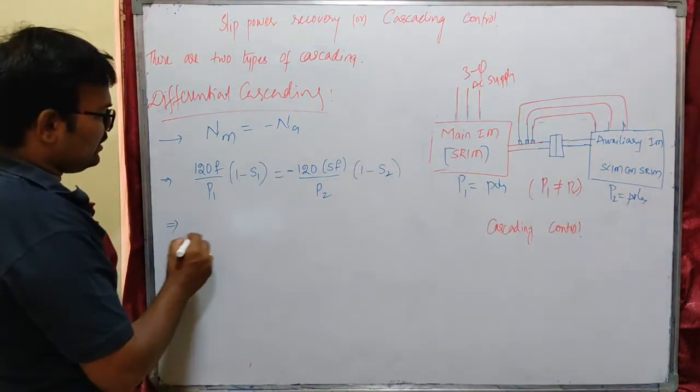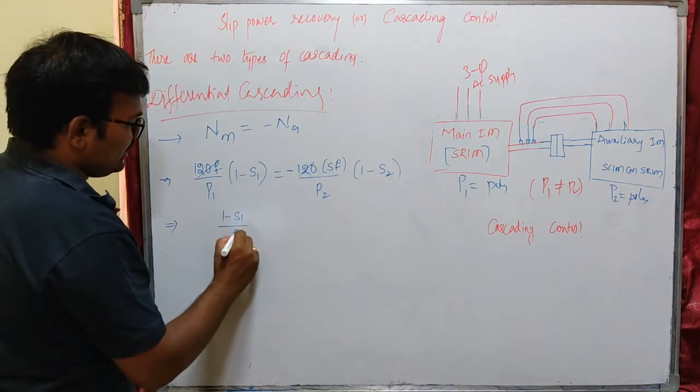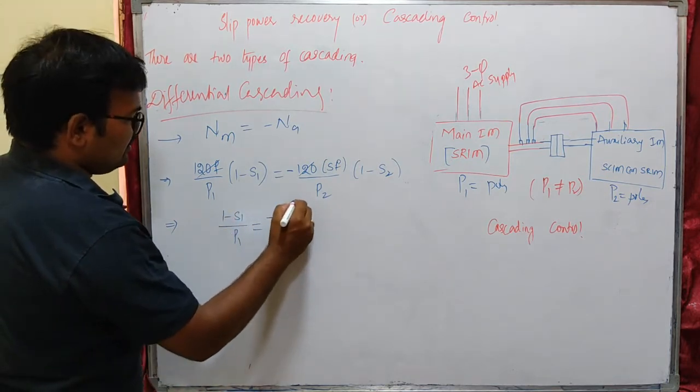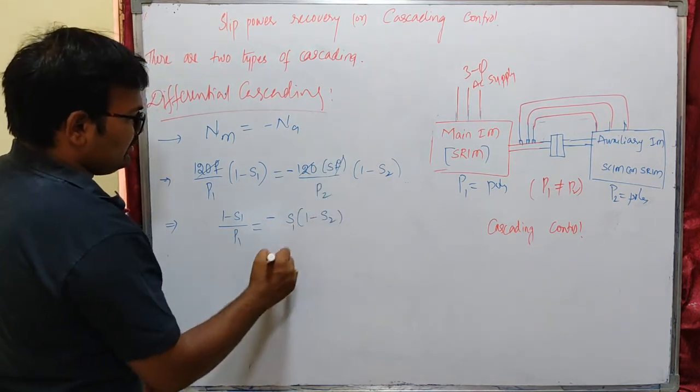So the expression will become, 120F gets cancelled, 1 minus S1 by P1 equals S1 times F, F is cancelled, 1 minus S2 by P2.